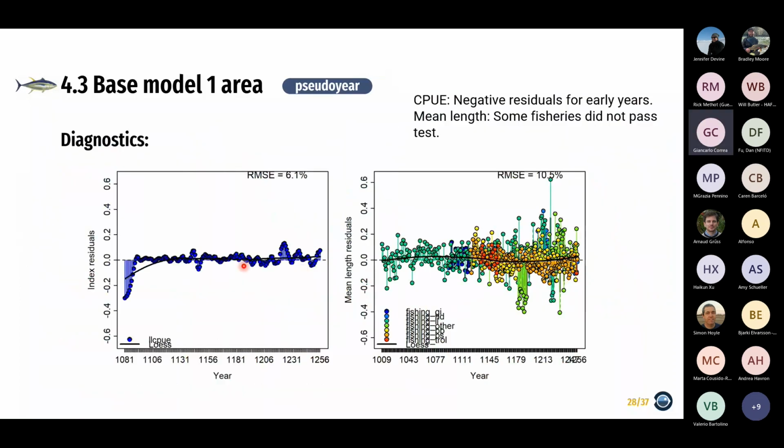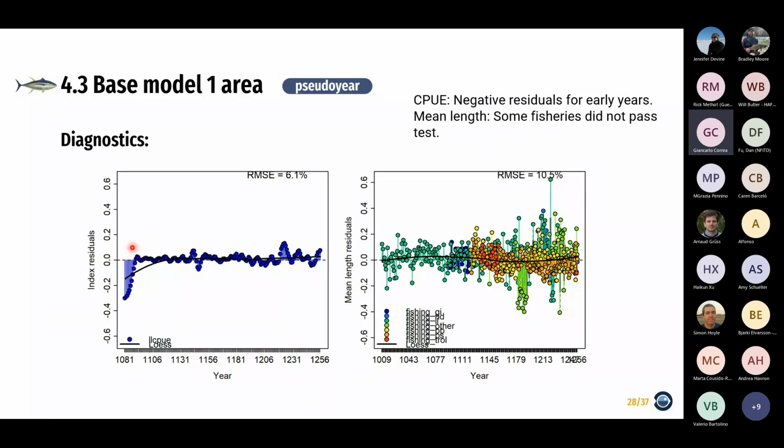About the diagnostics, we didn't see super bad patterns for the residuals. These are the residuals. What we observe, however, is some consistent negative residuals at the beginning of the time period here. This was the only strange pattern that we found for the CPUE residuals.